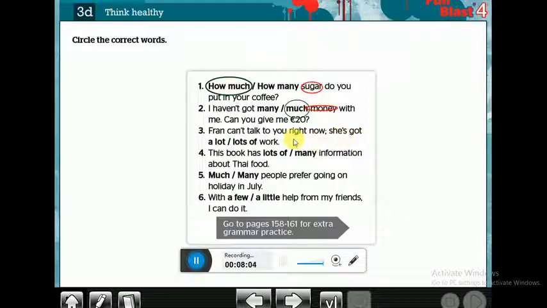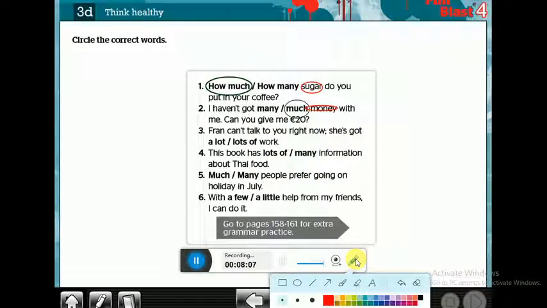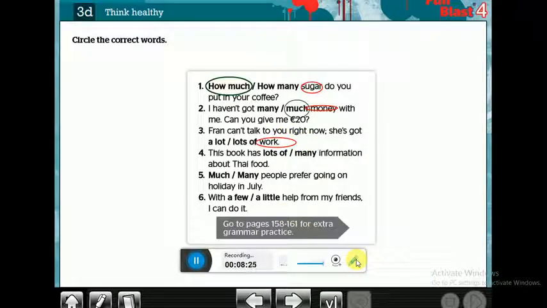Let's focus on this one. You have to pay attention to this word very well. Work, we cannot count work. So it takes a lot of or lots of, of course, lots of. But I can say homework. Homework, okay? So I have lots of homework to do. I have much homework to do.